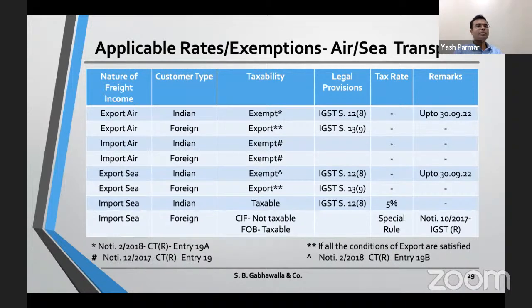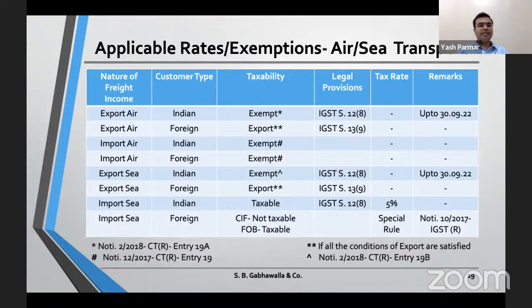The third scenario is import of goods by air, and if the customer is Indian, then again it will be treated as an exempt transaction. Fourth scenario, the goods are imported by air, but the customer is a foreign customer. Again, it will be treated as an exempt transaction. Fifth scenario, goods are exported by sea, but the customer is an Indian customer.